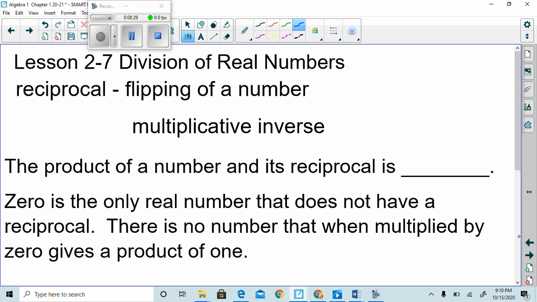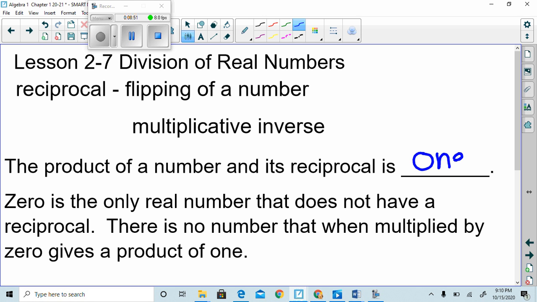And you'll see that it's quite easy because the rules of division of signed numbers are the same as the multiplication. Now, in this, we're going to be talking about reciprocals. And a reciprocal is just a flipping of a number. It's called the multiplicative inverse. And the product of any number and its reciprocal is 1.